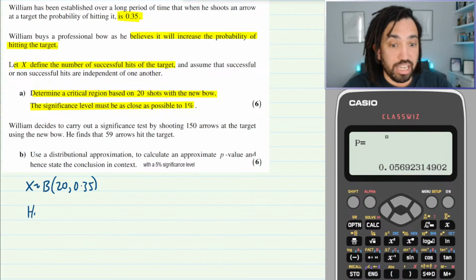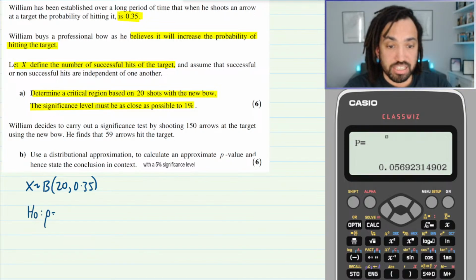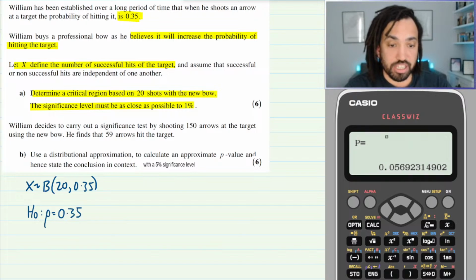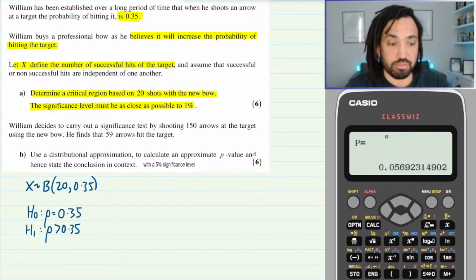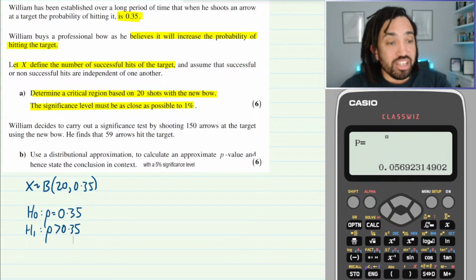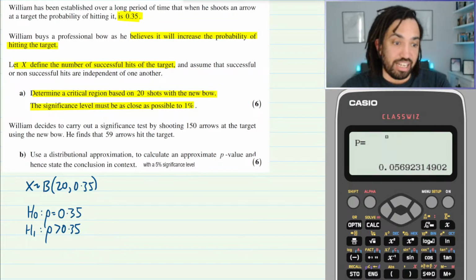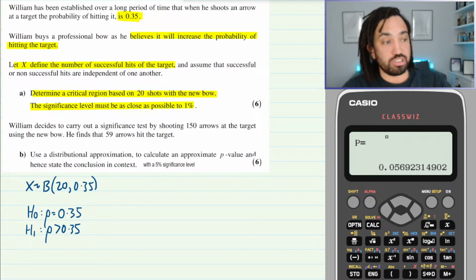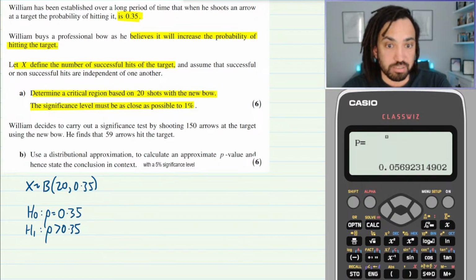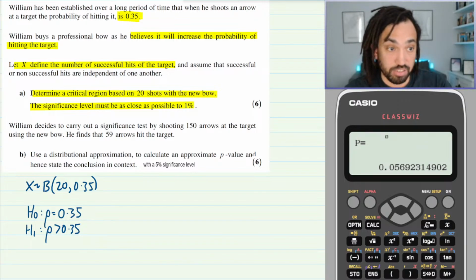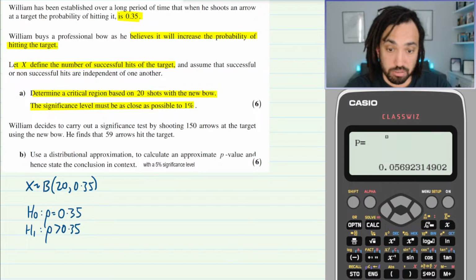So we write that H0 is equal to the population probability, and then we write H1: p is greater than 0.35. Now when you say that p is greater than, you know you're in a bit of trouble here, because it means you've got to work out the upper tail, which is more difficult than the lower tail. If you've got the Casio ClassWiz, if you've got the C50, it's absolute child's play.